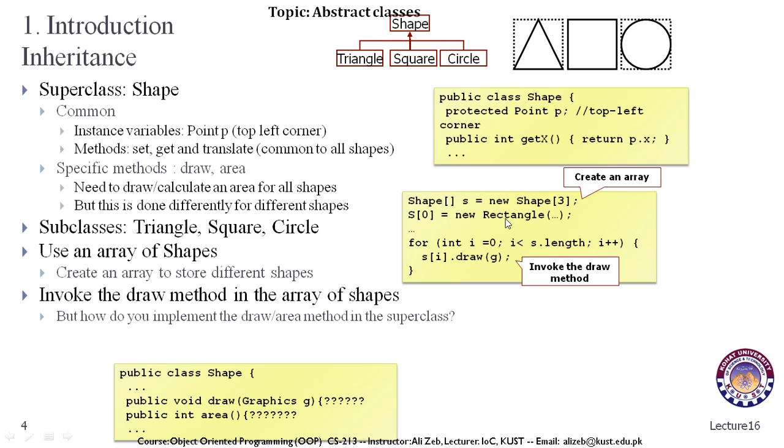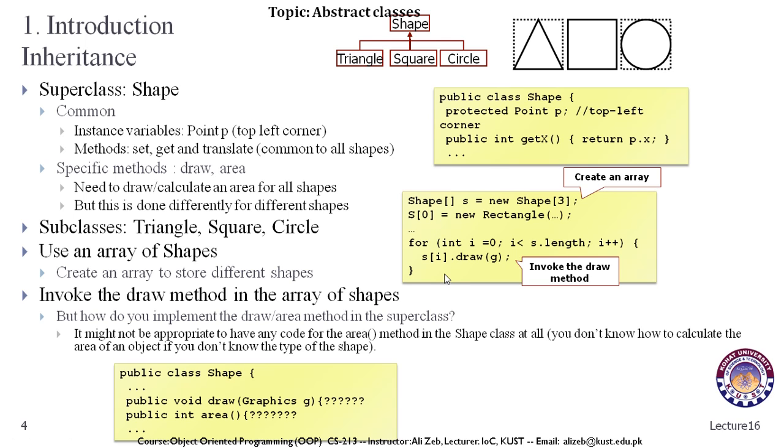It is a rectangle class object that has been declared using the superclass reference, and it has been stored in the superclass array. So it might not be appropriate to have any code for the area method in the shape class at all. Why? Because we do not know how to calculate the area of an object if we do not know the type of the shape.